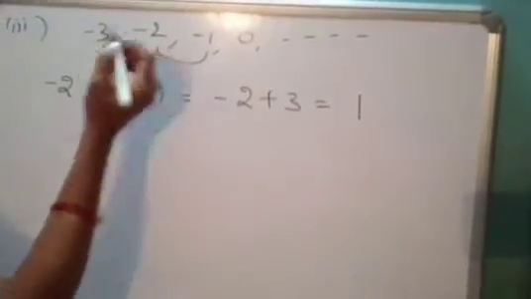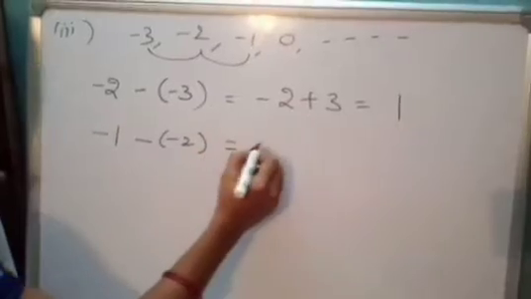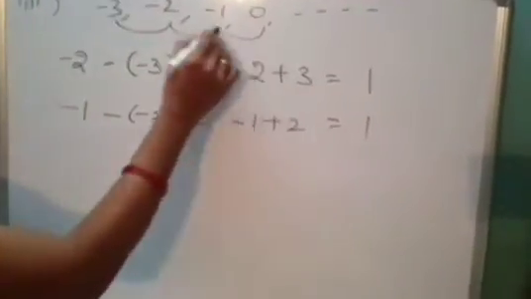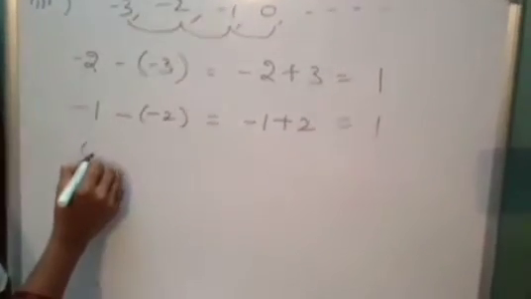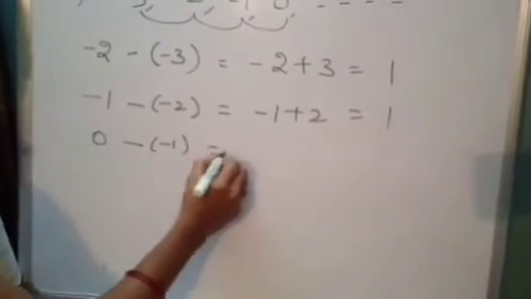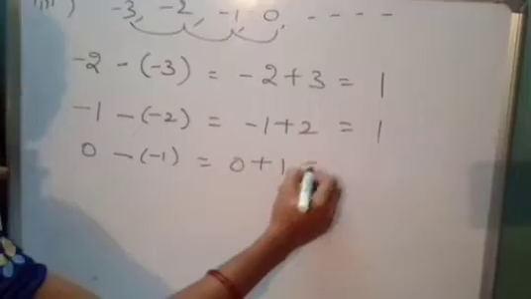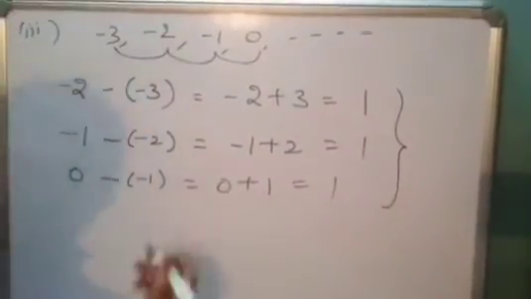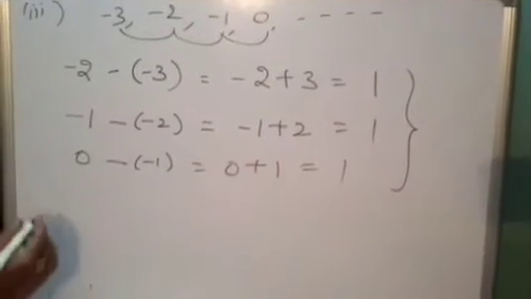The difference of the third term and the second term is minus 1 minus (minus 2), that is equal to minus 1 plus 2 equal to 1. The difference of the fourth term and the third term is 0 minus (minus 1) equal to 0 plus 1 equal to 1. The differences of all these are equal, common. So this is the common difference.